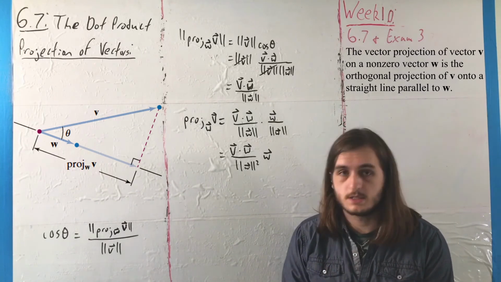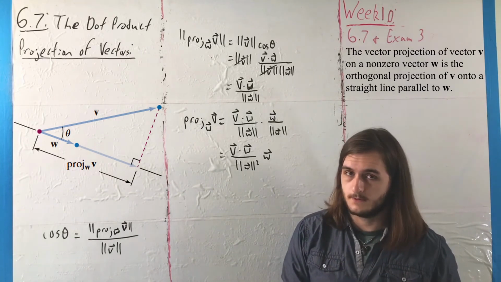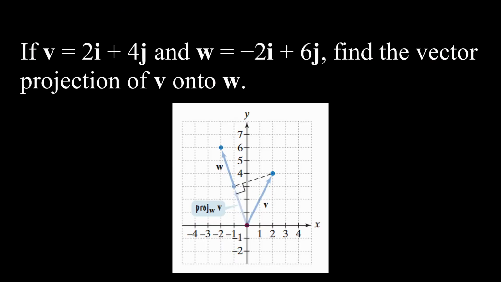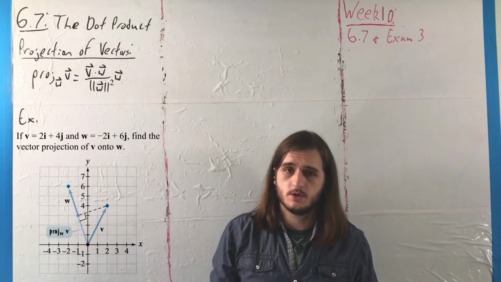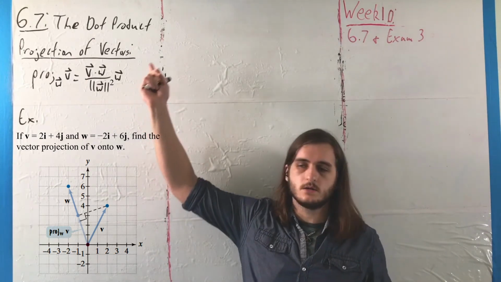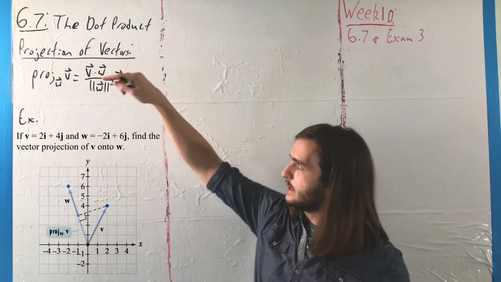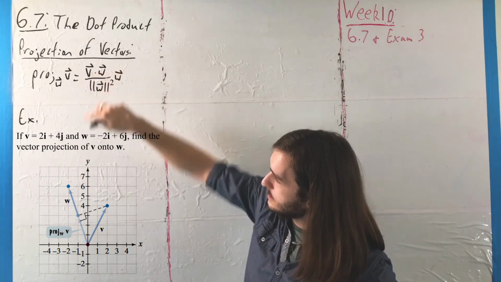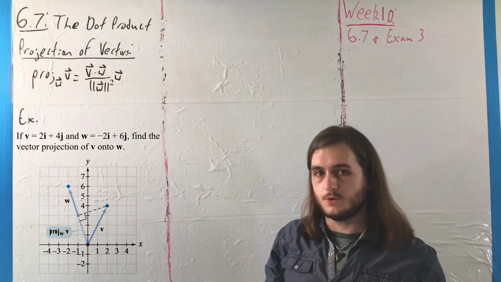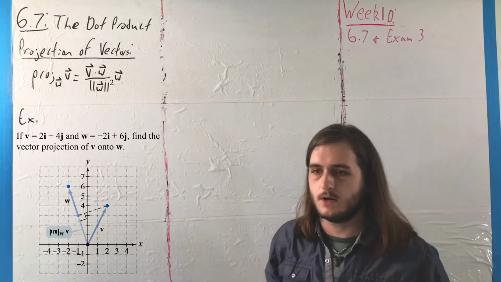And to see what this actually looks like, we're going to do an example. So for this example, we want to find the projection of v onto w for vectors v equals 2i plus 4j and w equals negative 2i plus 6j, where in this case we've got a diagram like so that we can work with. What we should understand here is that this looks weird, but you should be careful to note that the dot product always gives us a number, and the magnitude is always itself a scalar number.